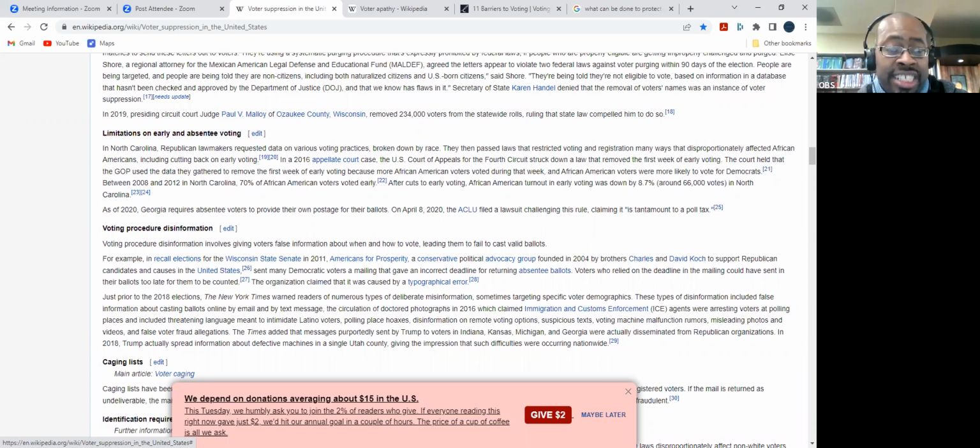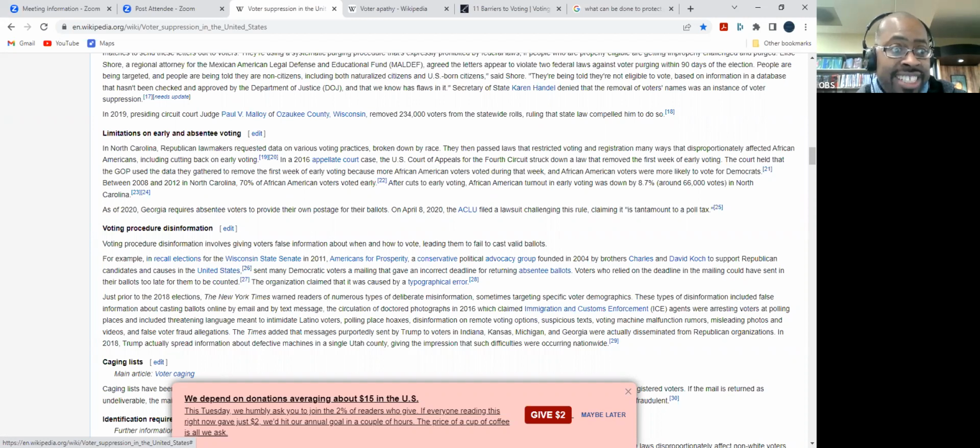A 2016 case by the U.S. Court of Appeals for the 4th Circuit struck down a law that removed the first week of early voting. The court held that the Republican Party used the data they gathered to remove the first week of early voting because more African American voters voted during that week, and African American voters were more likely to vote for a Democrat.